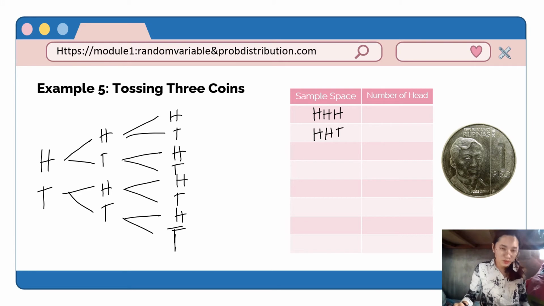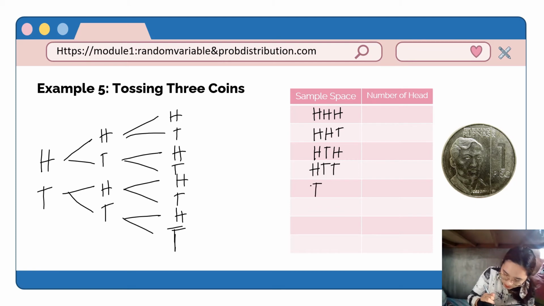Next, we have head, tail, tail. Next, we have tail, head, head.